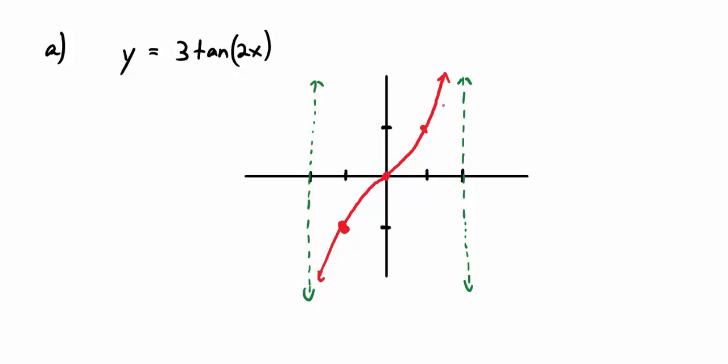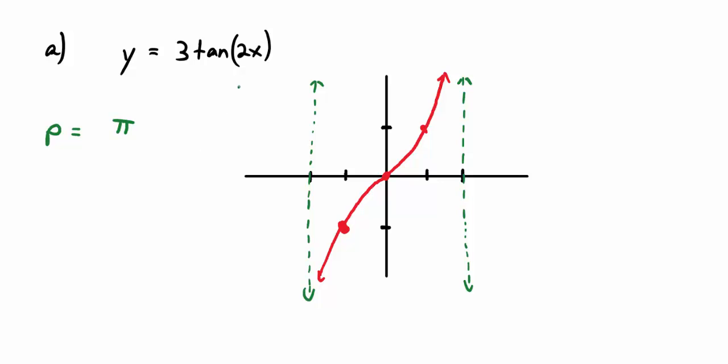Okay? So what's the normal period of the tangent function? The normal period is pi. Now I haven't given you a formula for finding the period of 3 tangent 2x, but based on what we did with cosine and sine, and based on how a horizontal stretch or shrink works, what would it be?